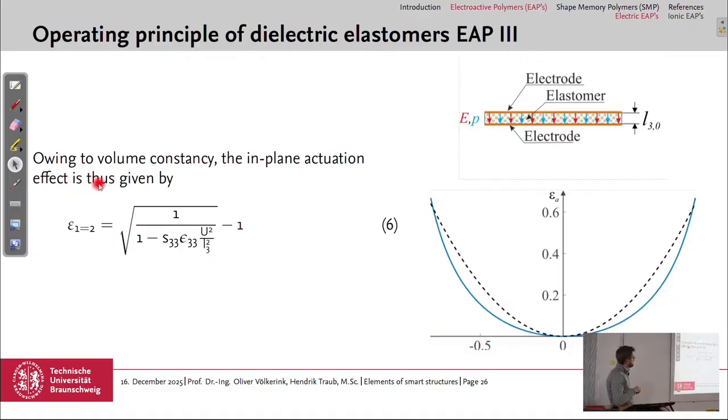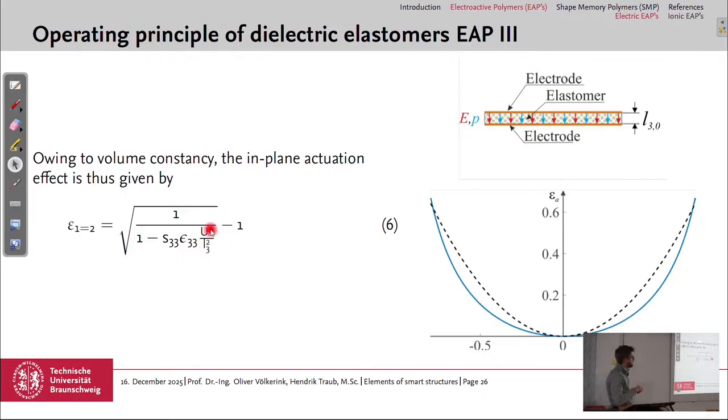So owing to the volume constancy, the in-plane actuation effect can be given by this equation. We have the strain in plane, so strain in 1 and 2 direction is given by this equation. It depends on the compliance and also on the permittivity and the voltage and the distance between the electrodes.